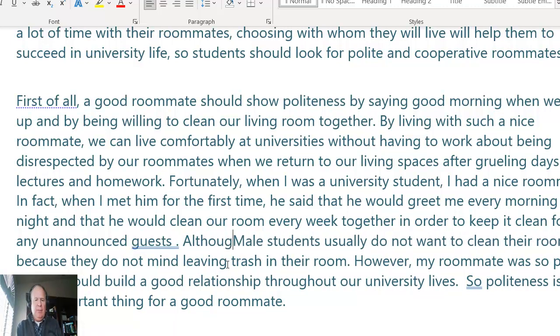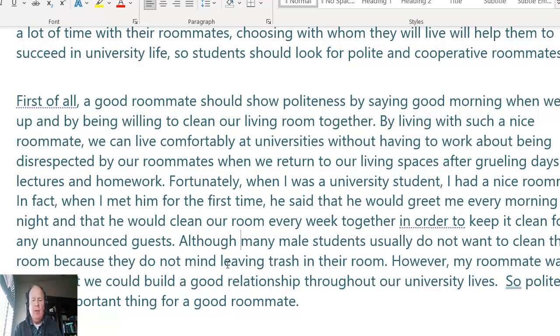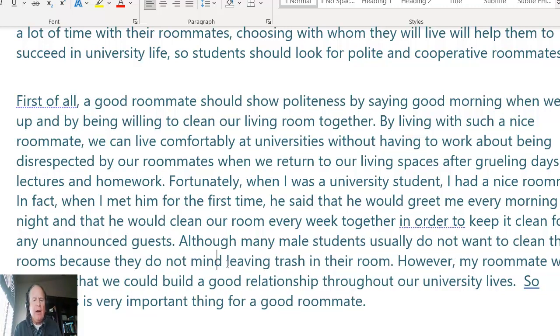I would put maybe something like this. Although many male students, I'm going to put many here to avoid an overgeneralization, because there are male students who like things clean. Maybe you're one of them. You say, although many male students usually do not want to clean their rooms because they do not mind leaving trash in them.